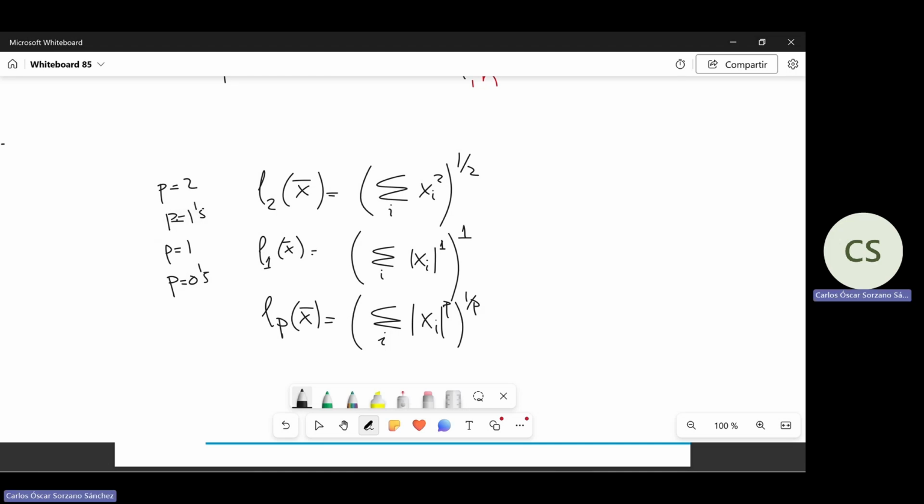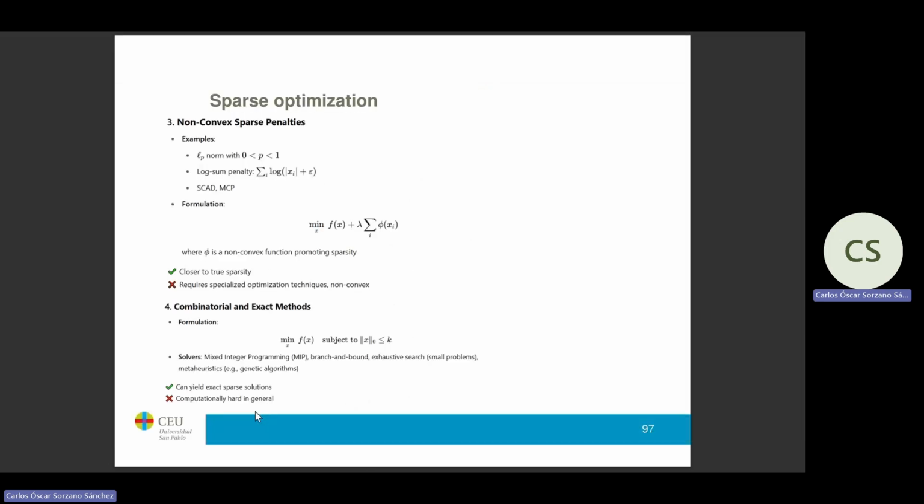And for each one of them, you have a root. So actually the norms between 0 and 1, 0 is combinatorial, we already know. 0 is combinatorial, 1 is convex. And these LP norms between 0 and 1 are not convex. They also promote sparsity.